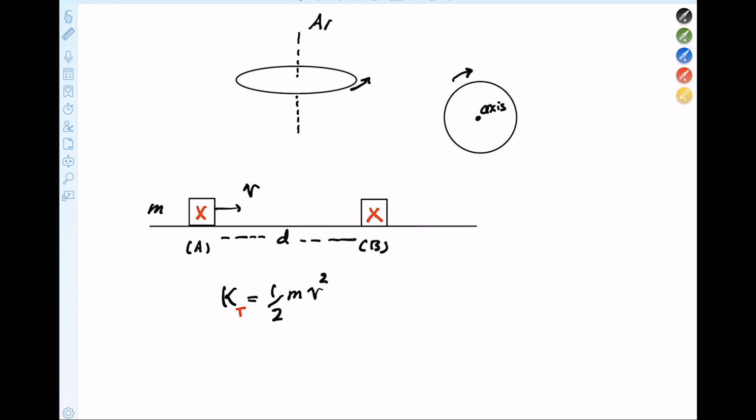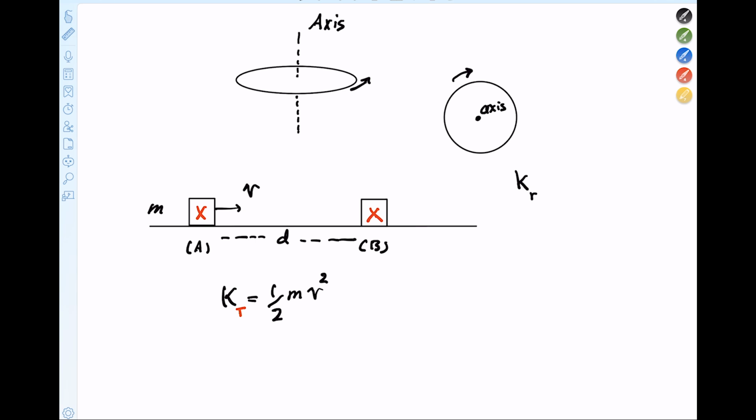And that's that axis of rotation. In this case, the object is moving. It has a velocity, but it does not move from one location to another location. It simply rotates. And because of that rotation, we assign some sort of energy to this rotating object. We call it the rotational kinetic energy, and we're using this formula.